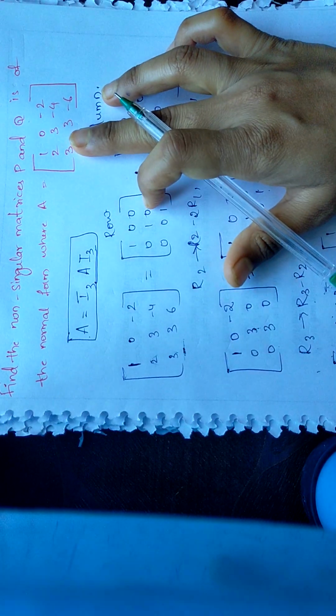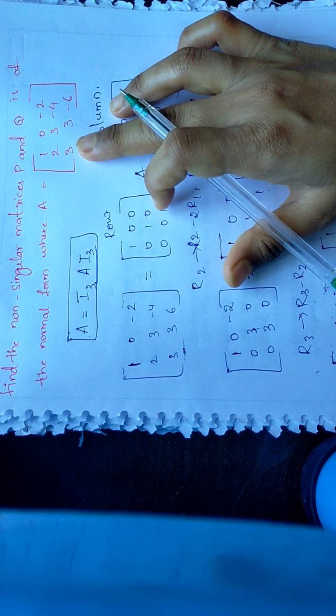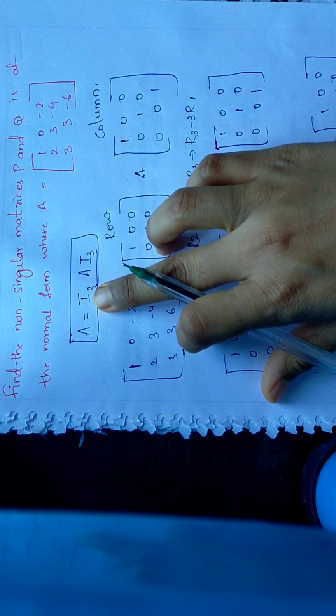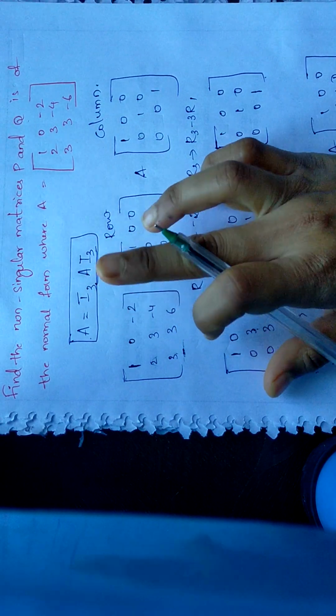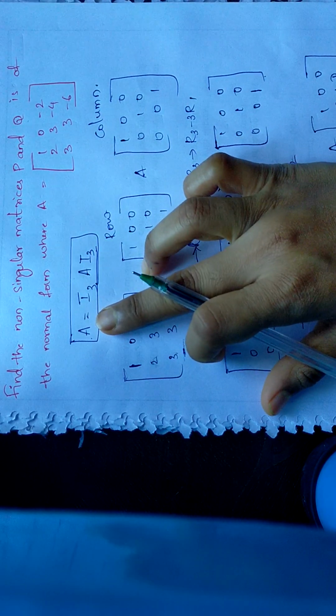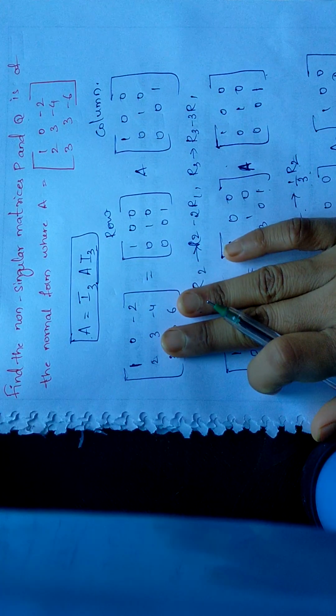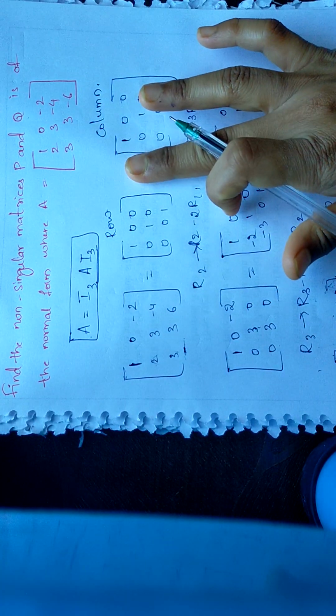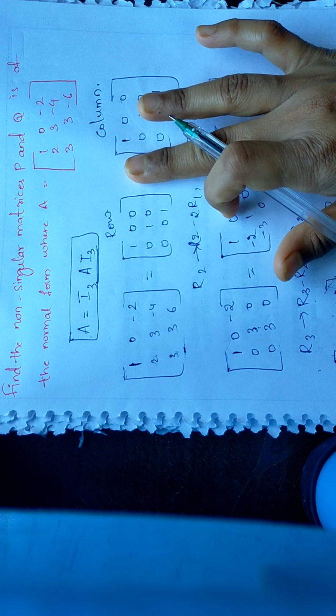First, whatever the question they gave, check the order of the matrix and write the identity matrix of that order here. After writing that, write A, that means the given matrix, in the middle, and don't write it on the right hand side. After that, whatever row or column transformations you are doing, make sure you perform them on the matrix along with the identity matrices.